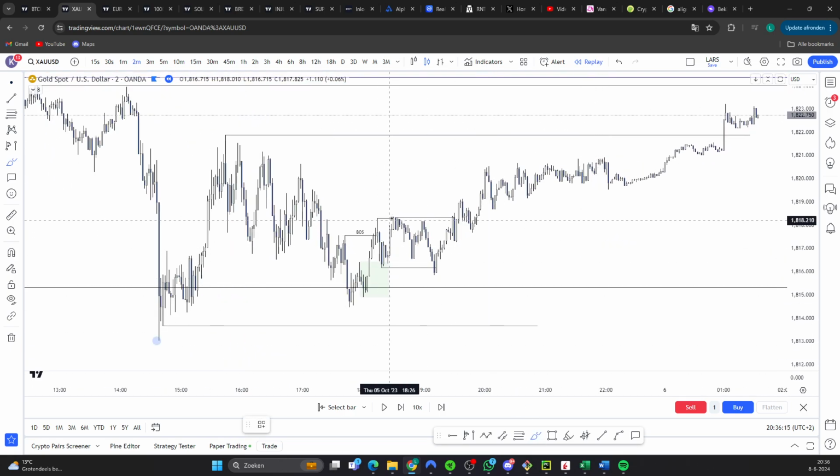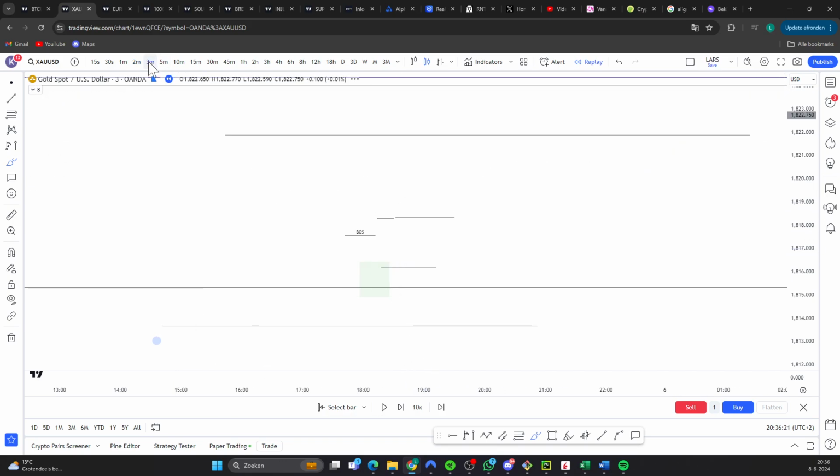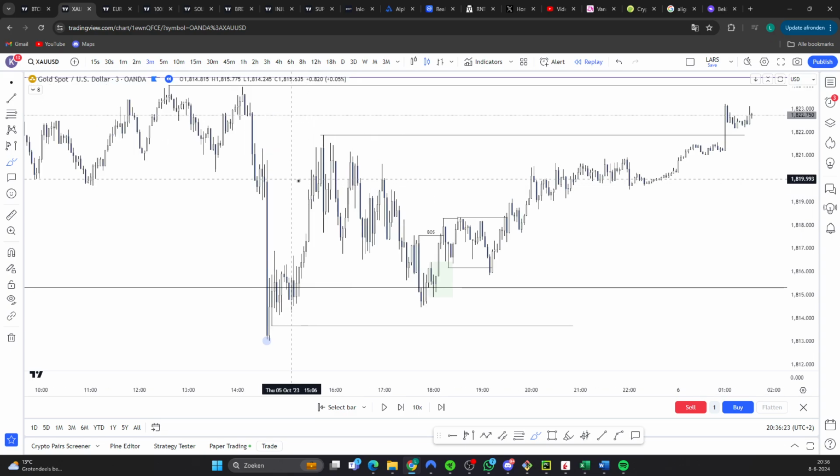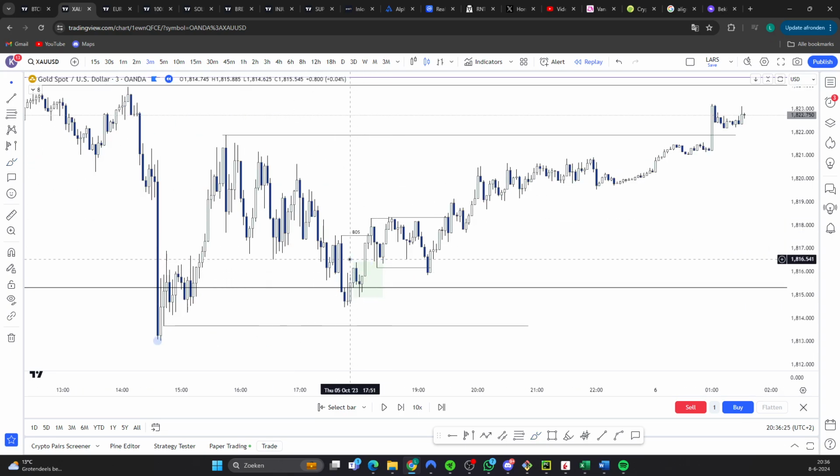However, instead of breaking it aggressively, we didn't break it at all on the 3 minute. But there could have been a reason for that, which was that 5 minute order block with imbalance that we had here.